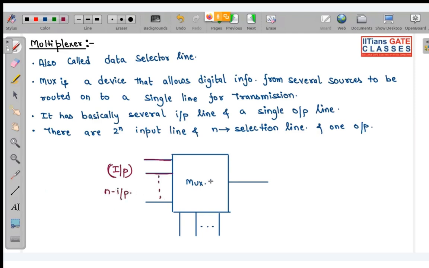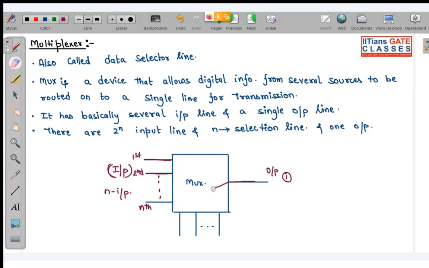Output, there is just one single output. So basically what a mux does is connect one of the inputs to the output. Like we can connect this input to the output, or this input, or even the nth input. This is the first input, this is the second input. Like this we can connect any one of the inputs.